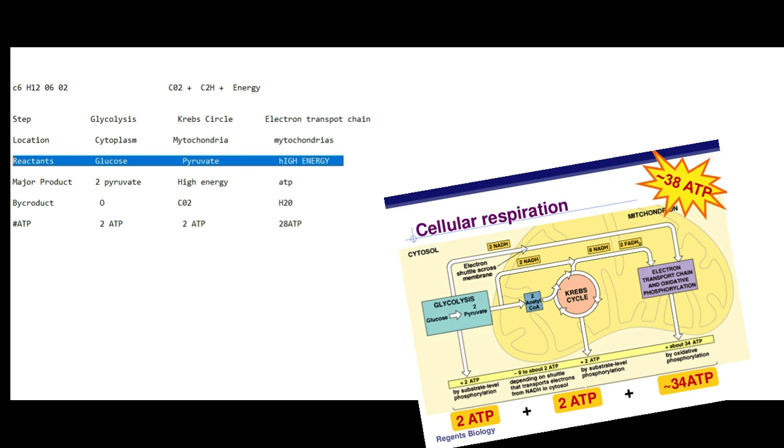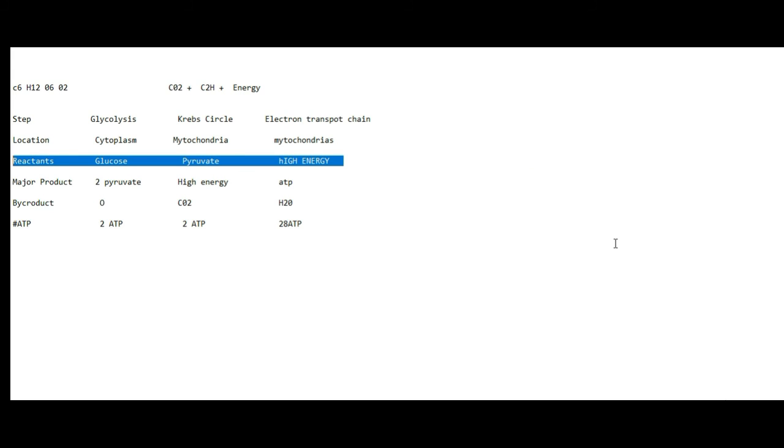The second step of cellular respiration no longer occurs in the cytoplasm. Instead, the two molecules of pyruvate that we just produced will move on somewhere else. The pyruvates move from the cytoplasm directly into a mitochondria. The second step is known as the citric acid cycle.